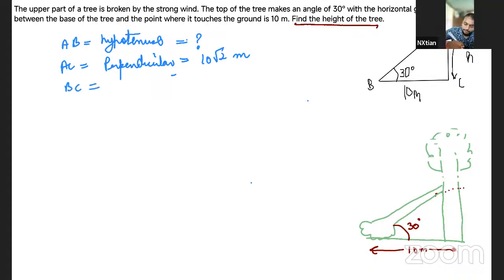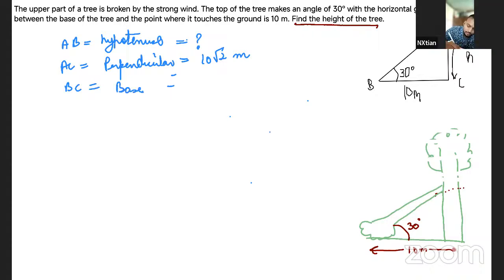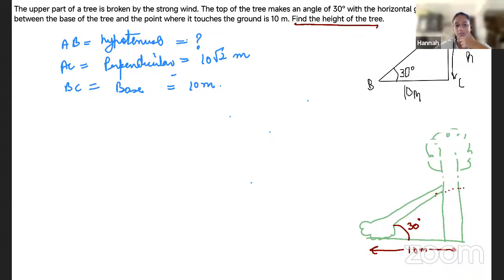We can use cot theta for this sum, can't we? What are you finding? I thought of doing base by perpendicular first. Yes, you can. What is the hypotenuse? The hypotenuse is 20. You think 20?